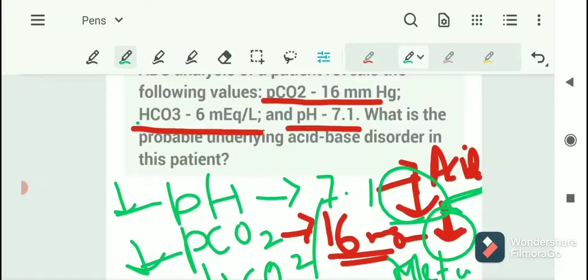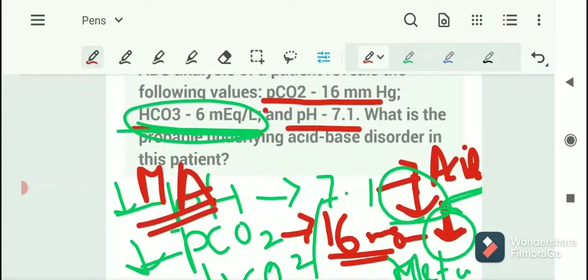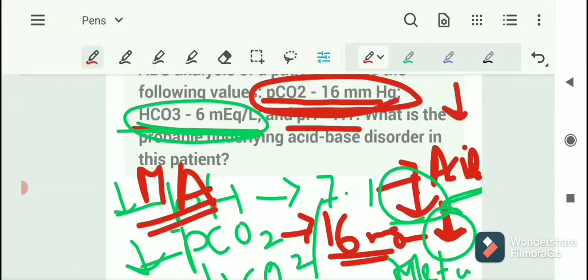Here, as the HCO3 level is 6, that means we can confirm that HCO3 has also decreased and pH also decreased, that means they are in the same direction, so it is a metabolic acidosis. Now here the PCO2 is also decreased, that means it shows that there is compensation by PCO2 decrease.